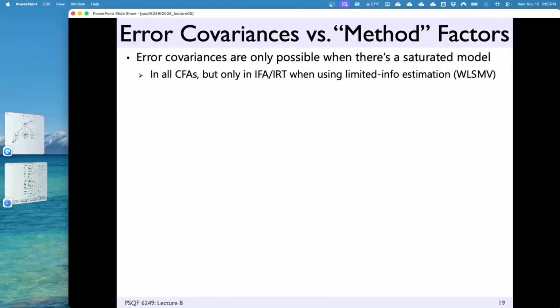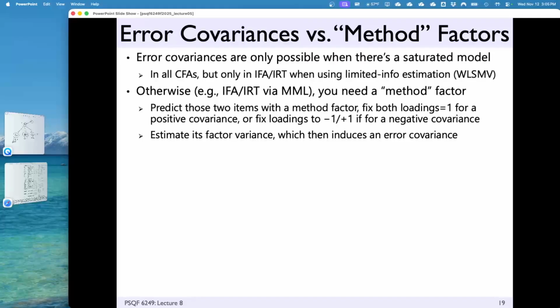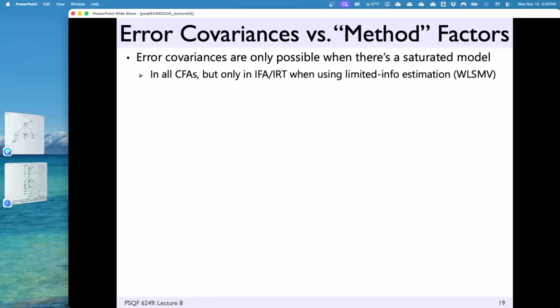So, give the example of error covariances. Error covariances are only going to be possible when there's a saturated measurement model, not a higher order factor model. That means confirmatory factor analyses or estimation of discrete data using the limited information field that we're in.